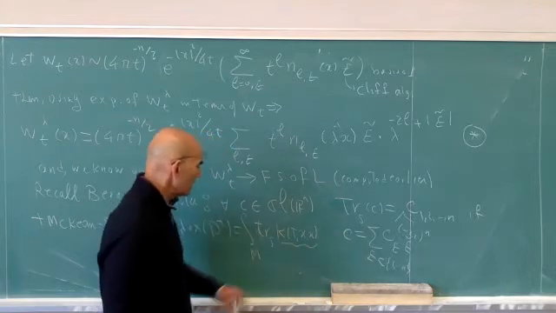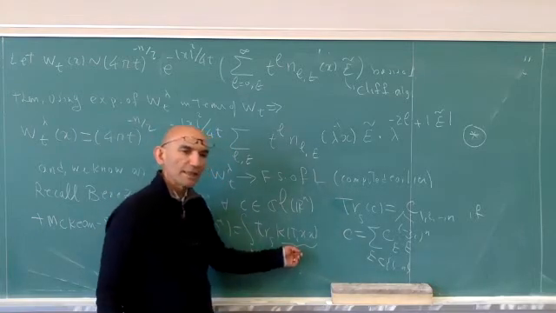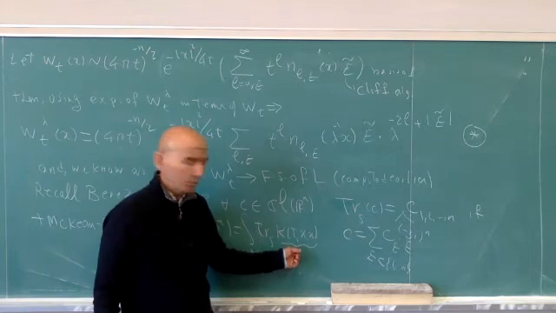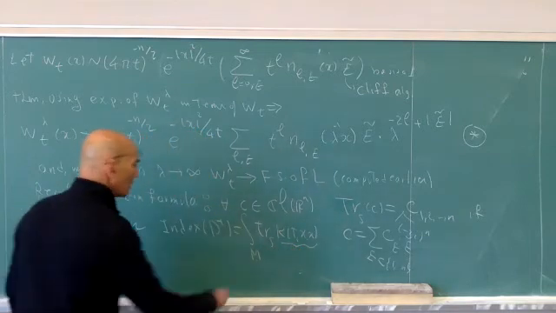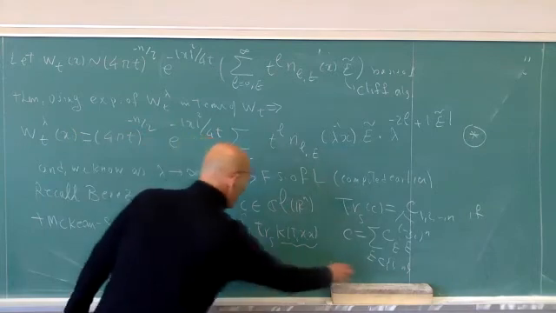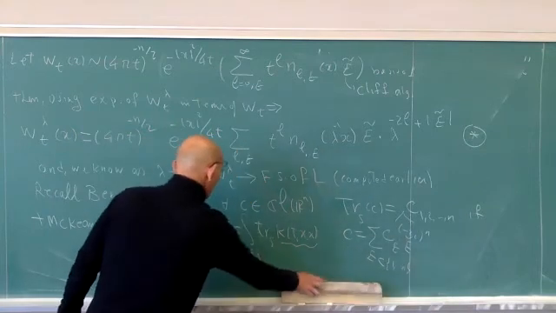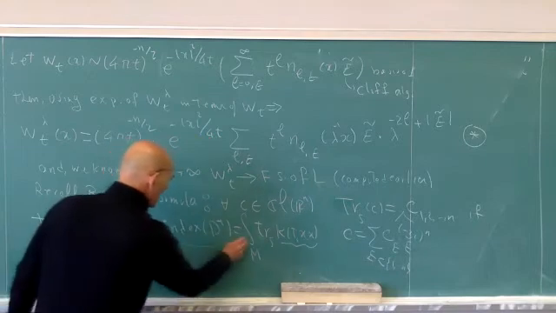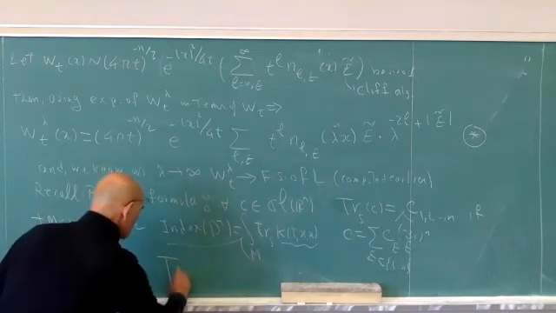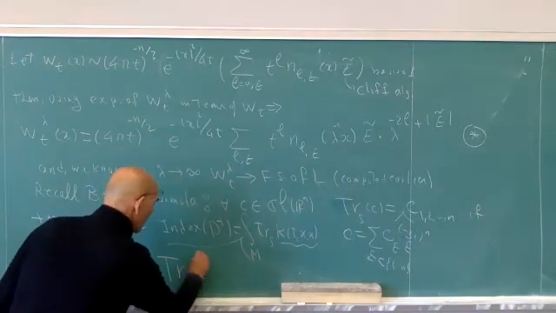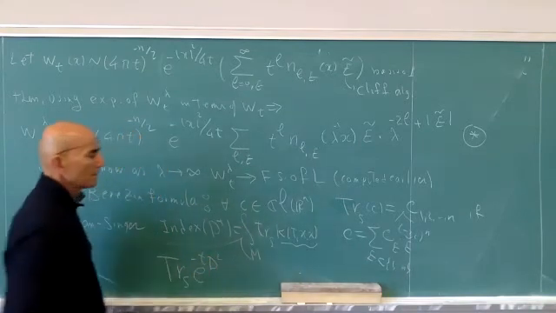So what is this? Let me write it like this. There was one step before this. This was really the supertrace of exponential of minus TD squared.